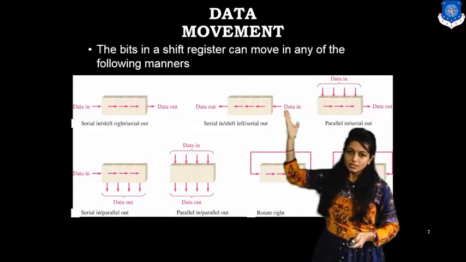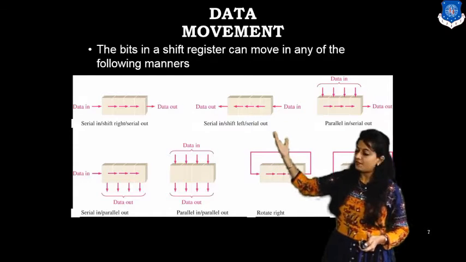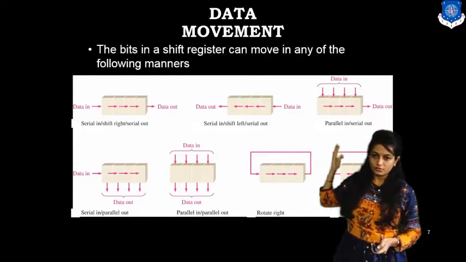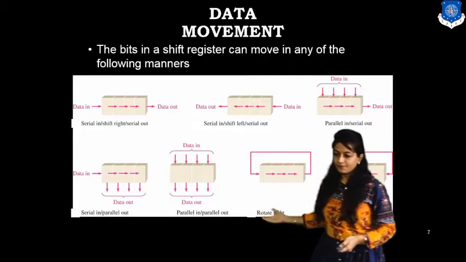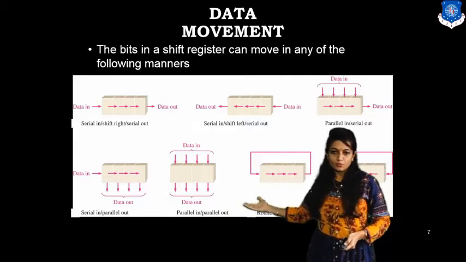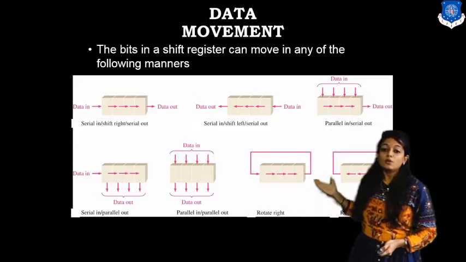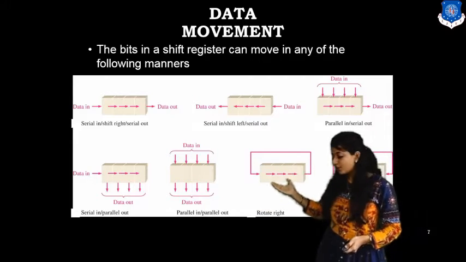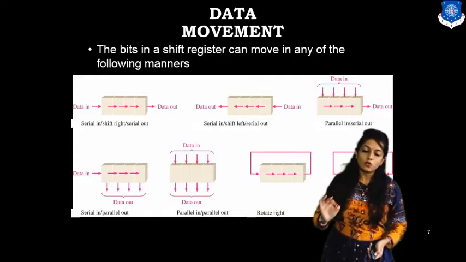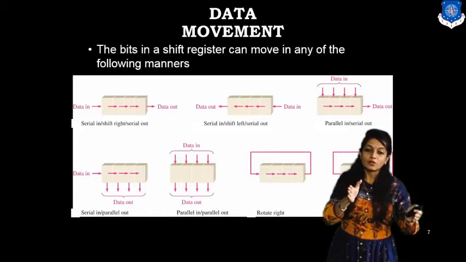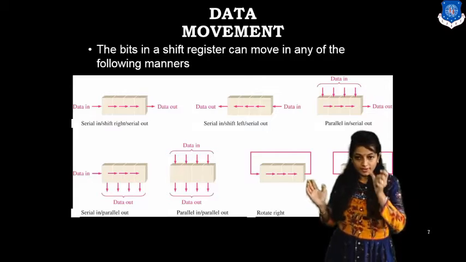Then serial input, shift left and serial output. Second, serial input, parallel output, parallel input, parallel output. And over here, for parallel input and parallel output, there is no shifting operation. It is used only for shifting left or shifting right.